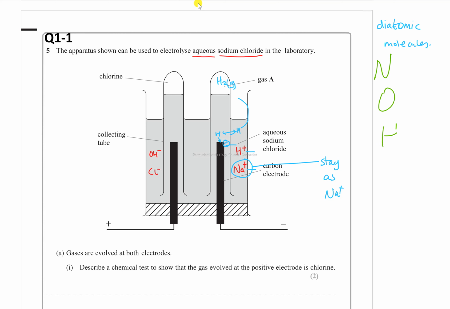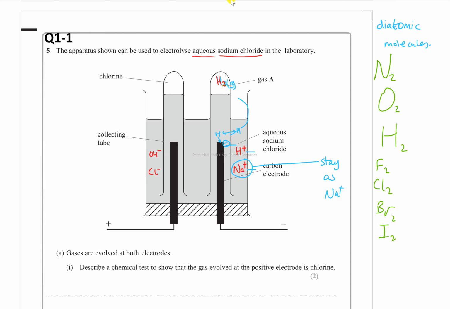You've got your group 7: fluorine, chlorine, bromine, and iodine. Forget astatine. They're diatomic in the natural world, so they run around in pairs. So that's why we're expecting two of these. So we've got H2.